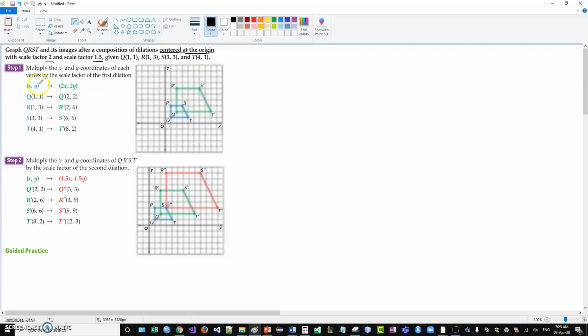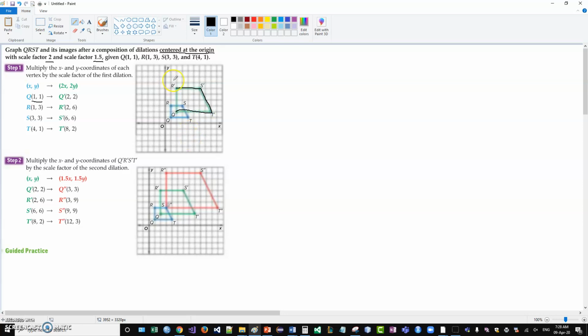You just, for the first dilation, multiply each x and y by 2. So (1, 1) becomes (2, 2), (1, 3) becomes (2, 6), and so forth. And that's how you get Q prime, R prime, S prime, T prime.